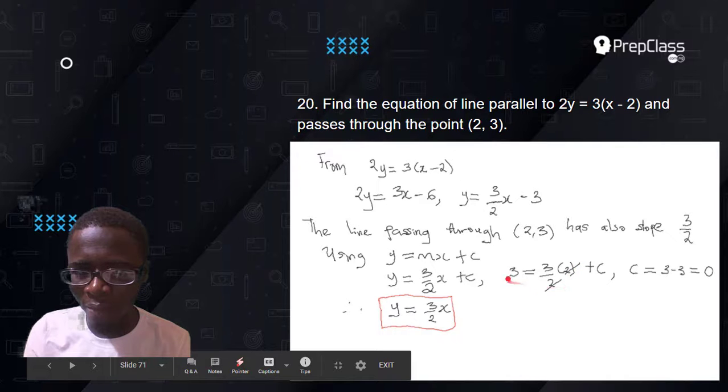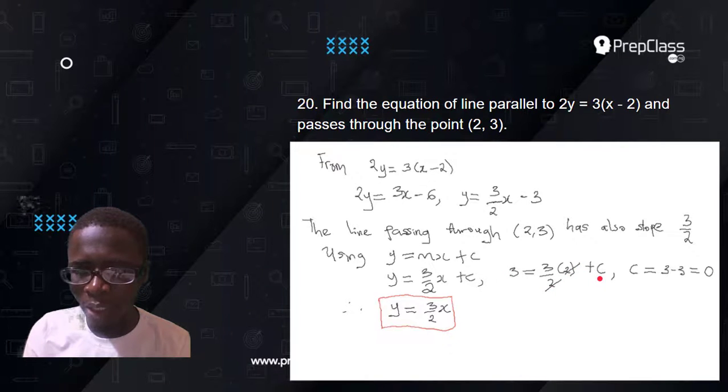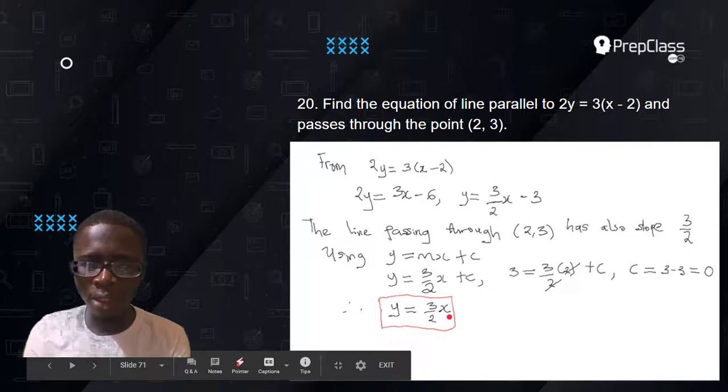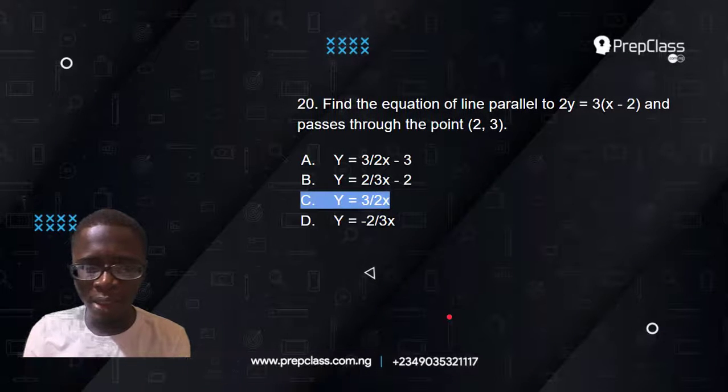As you can see, I have 3 is equal to 3 plus c, making c the subject of the formula means 3 minus 3, and that gives us 0. So we need to come back to this equation and put wherever we see c, we put 0. So this results in 3 over 2 x. And so with this, as you can see, the option is reflected as C.